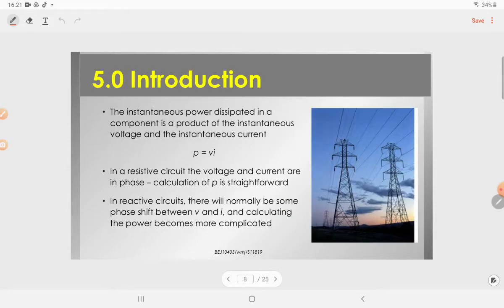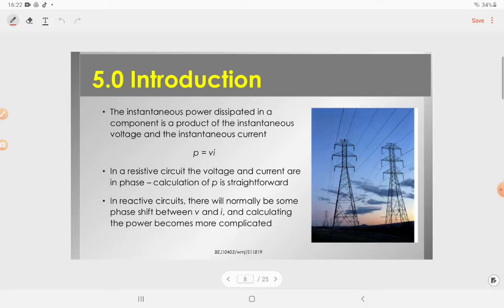As we know, the instantaneous power dissipated in a component is the product of the instantaneous voltage and the instantaneous current. In a resistive circuit, the voltage and current are in phase, so the calculation is usually very straightforward. But in a reactive circuit, there will normally be some phase shift between the voltage and the current, and calculating power becomes more complicated.